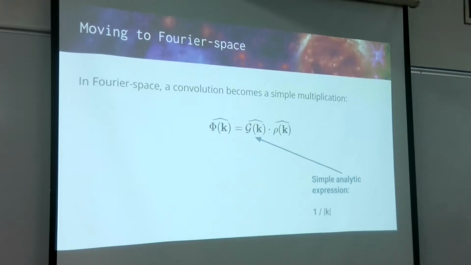And in the case of gravity, this here is just 1 over k, so that's fairly easy, but you could also be solving for differential equations. So here we're doing the Poisson equation, which is very simple, but if you had a theory of gravity where it's not Newton's equation, but something else, a bit different, that technique might also work.